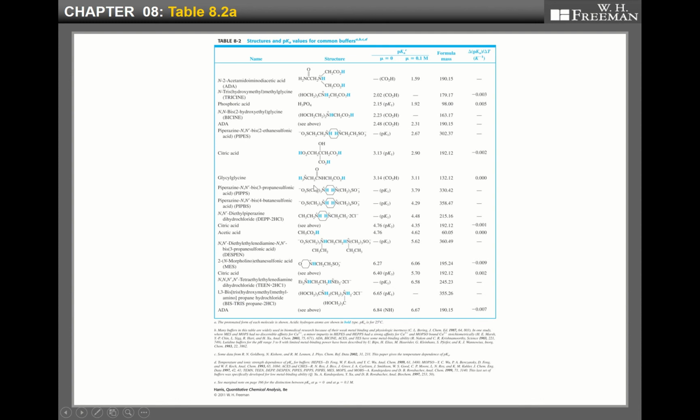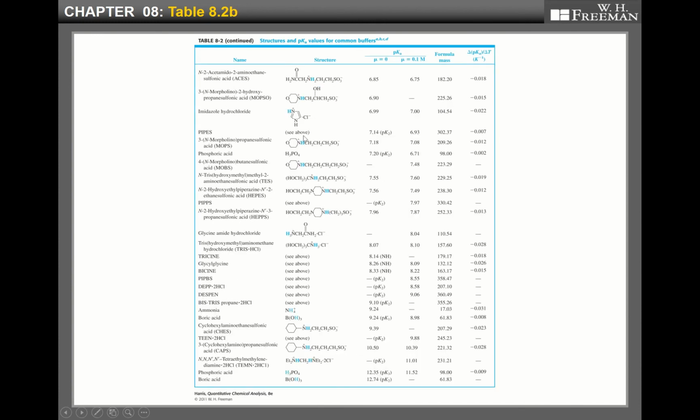But there are very common ones for biological experiments, which are usually made of Tris. For other purposes you can use other chemicals. The table is long, so I will just skip it.